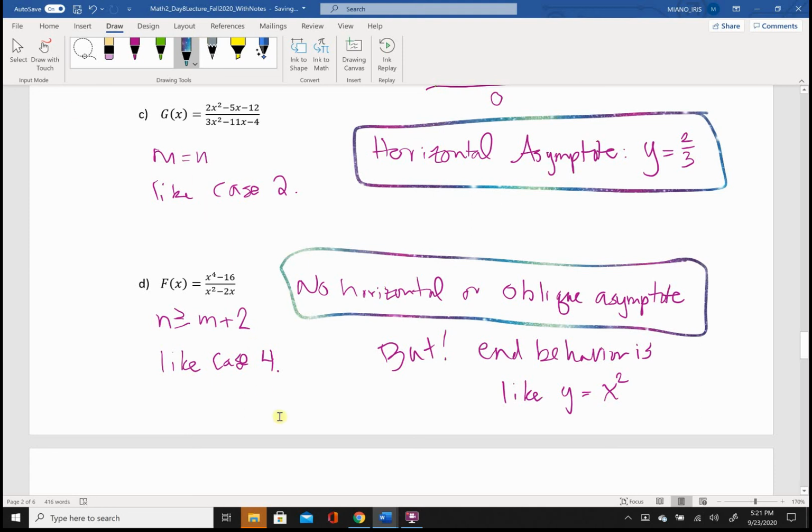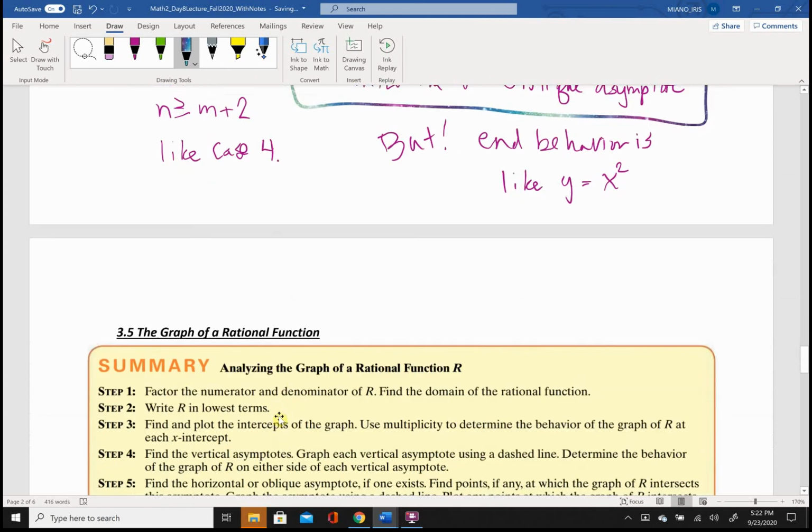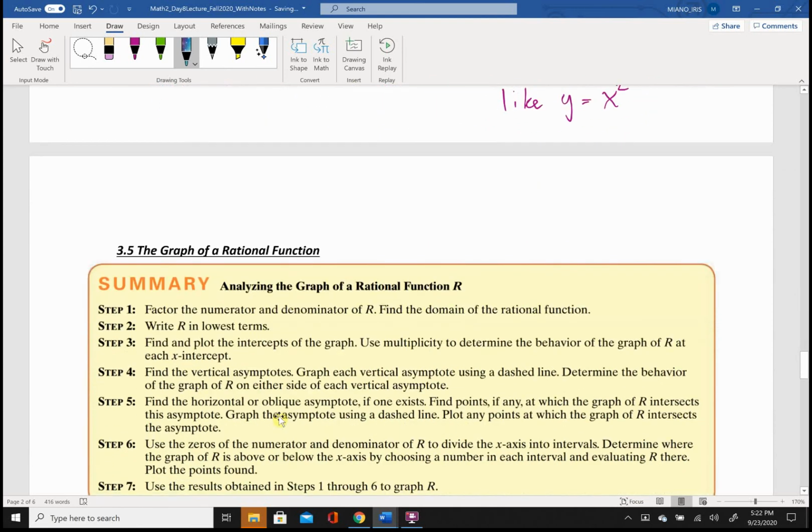Okay, cool. Moving on. Now, this concludes all of the preamble stuff that we wanted to talk about with rational functions. It really is just more or less a discussion of asymptotes, which is the most interesting characteristic of the analysis of the rational function.